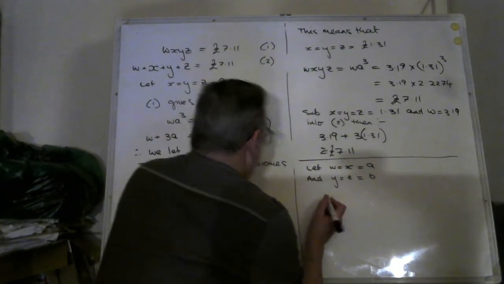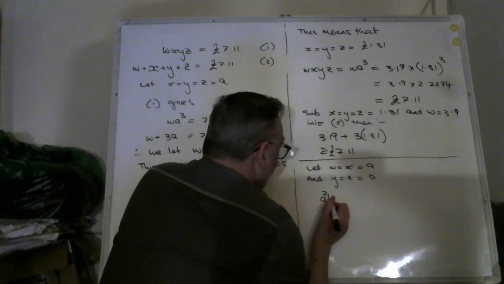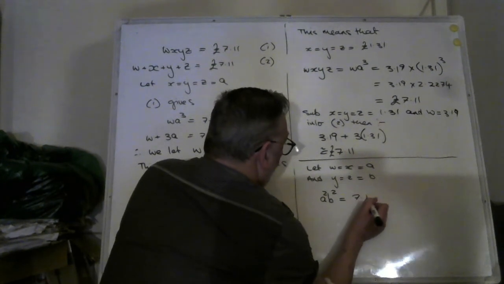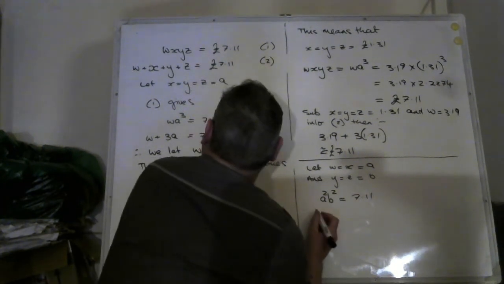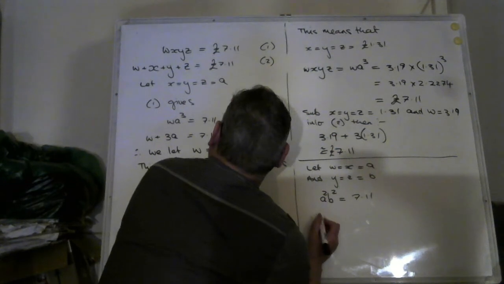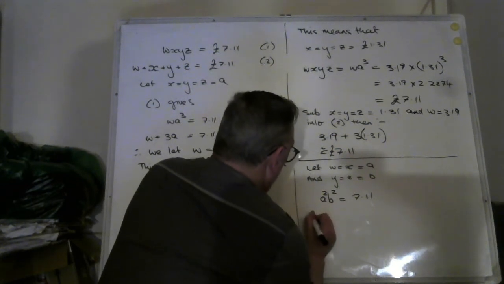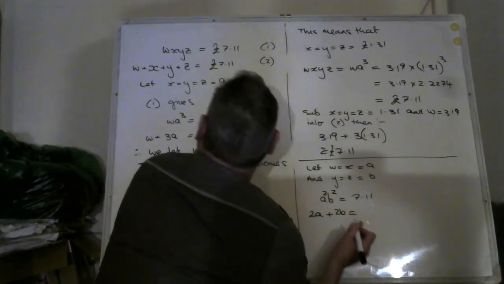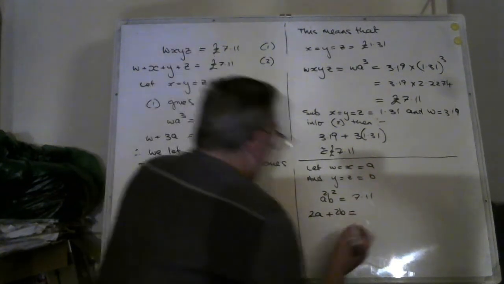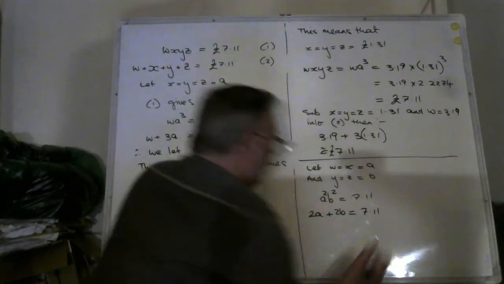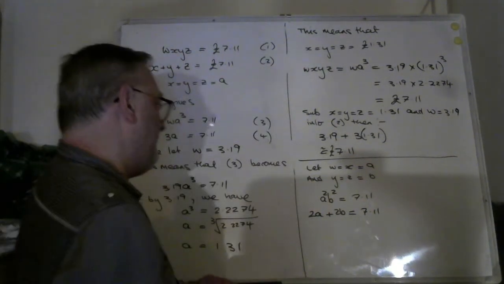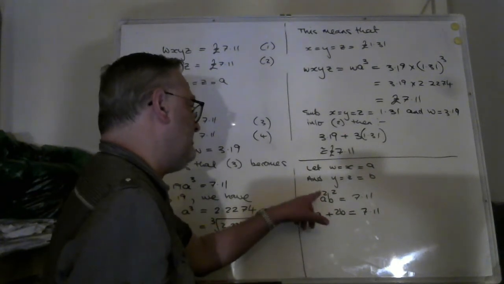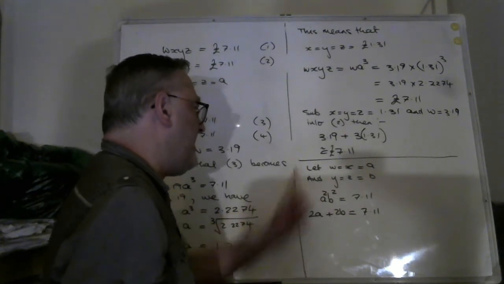So that you get a squared b squared equals 7.11, and then here you would get the sum would be 2a plus 2b equal to 7.11 again, and you would have to rearrange that and substitute in for a or for b.